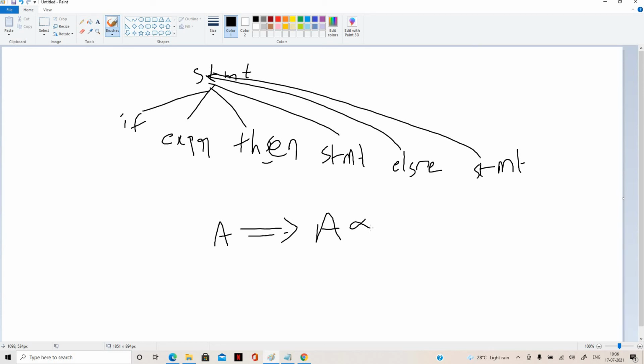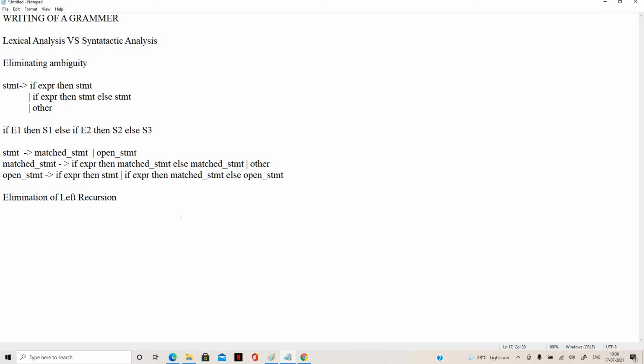So assume we have some grammar, and I need to convert it and eliminate the left recursion.